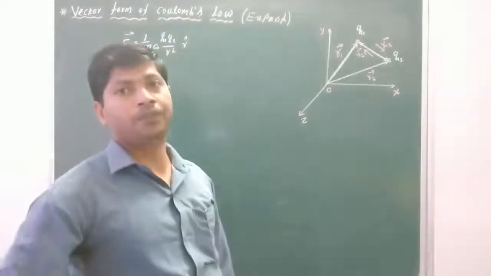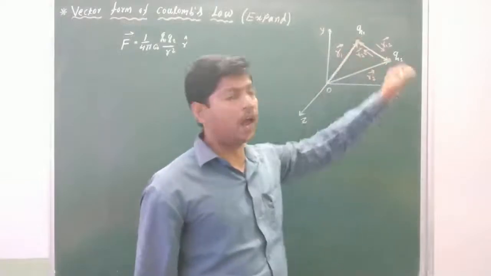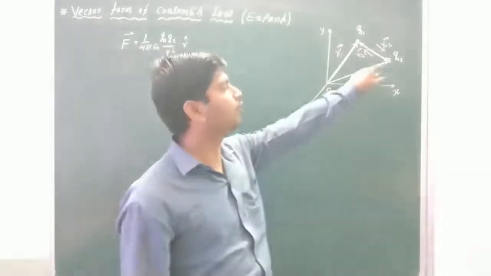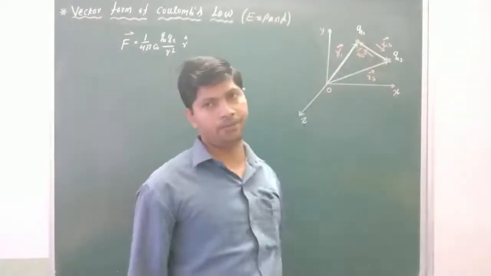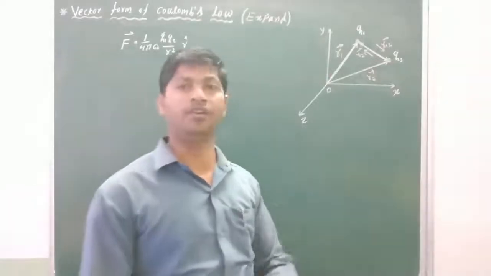R12 is the vector pointing from Q1 to Q2, and R21 is the vector pointing from Q2 to Q1. With the help of this diagram, I am going to explain the Coulomb force in the vector form.